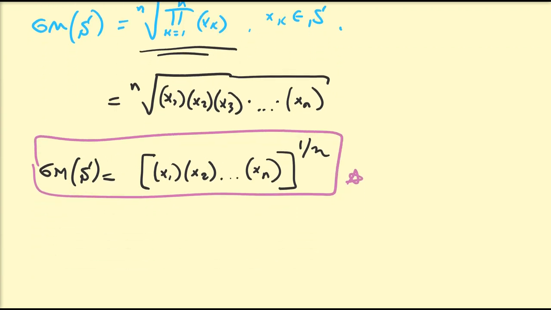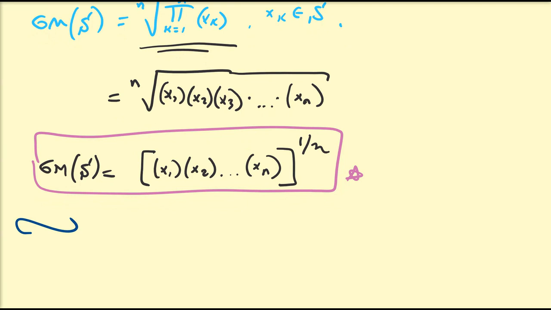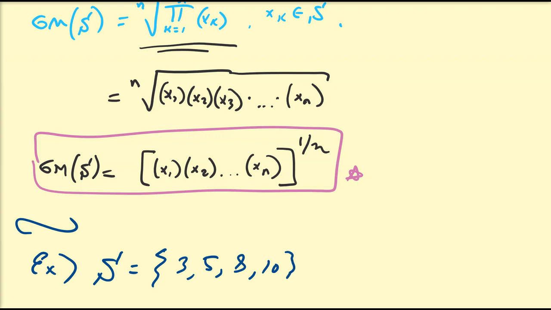So let's do an example on how to calculate the geometric mean for a set. Let's assume we have a sample of, say, the numbers 3, 5, 8, and 10.